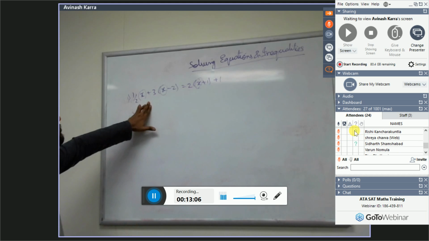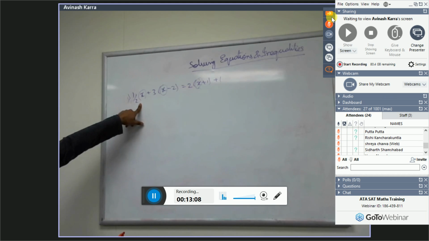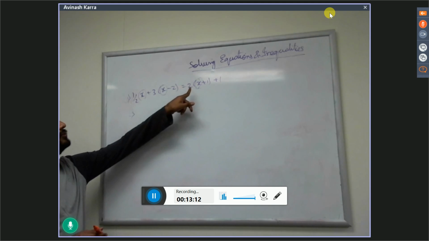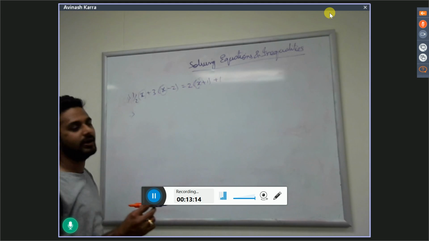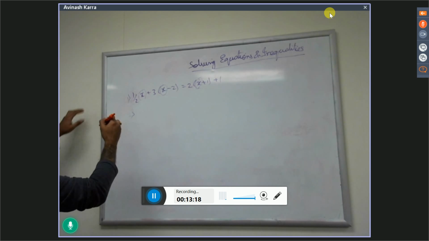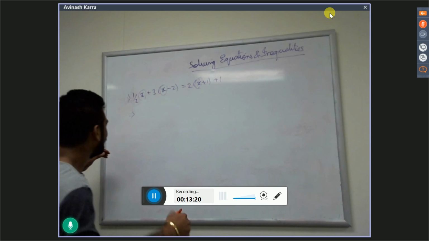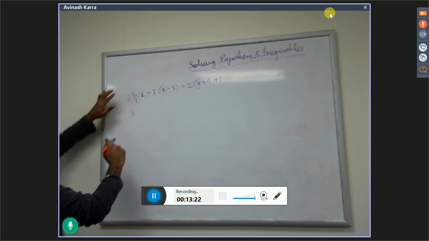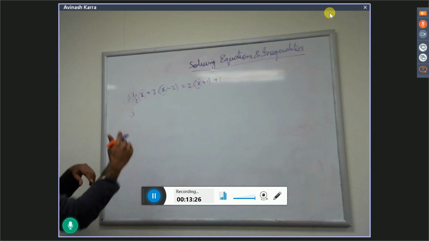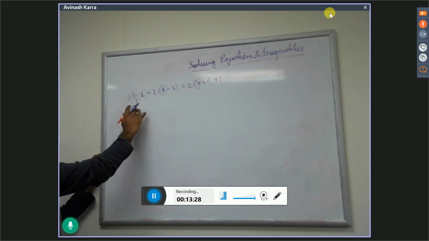In this equation, what is given on the LHS? 1/2 x plus 3 into (x minus 2) equals 2 into (x plus 1) plus 1. Here there is a factor, so first we need to get rid of this factor.